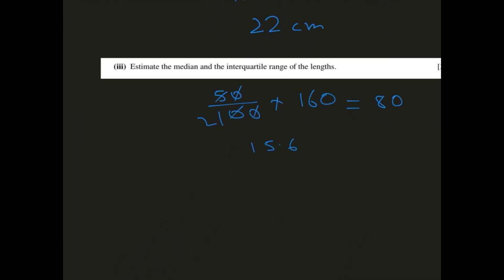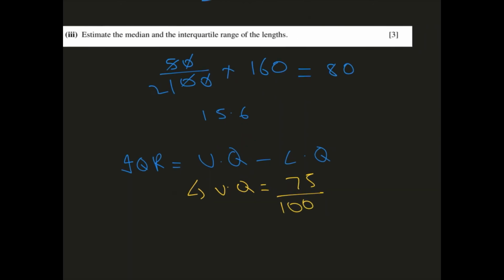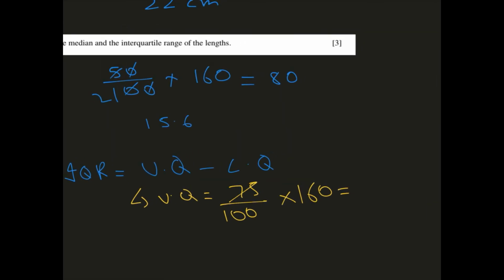Alright, and then for the interquartile range, we subtract the lower quartile value from the upper quartile value, right? So the upper quartile makes up 75% of our frequency, right? So 75% of 160 will be 3/4, so 120.